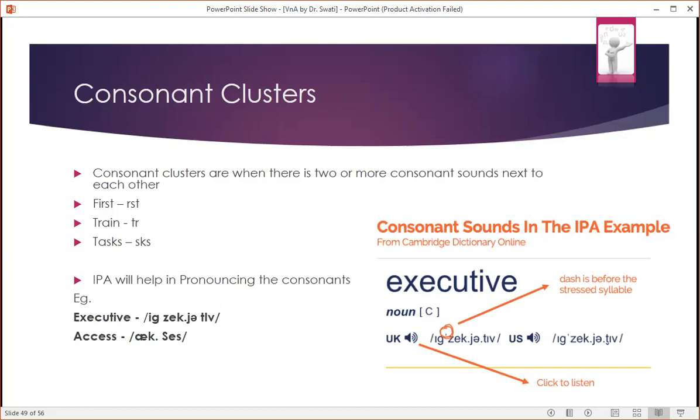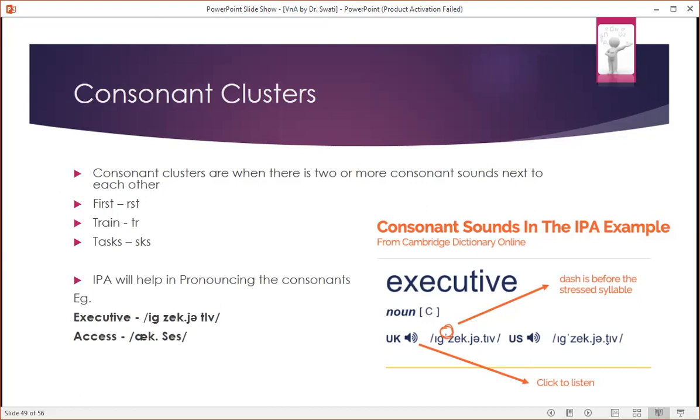So 'eggs', 'ig' is giving a sound, so it's 'executive'. This is the sound, executive.